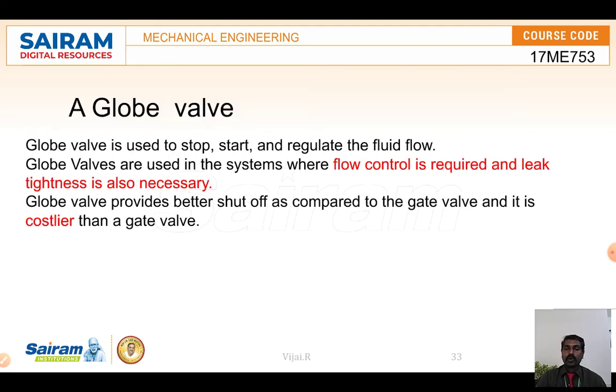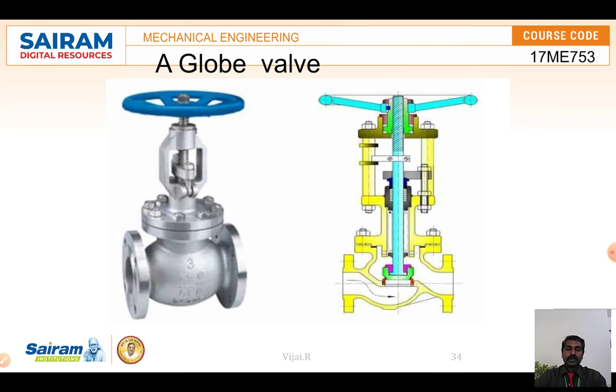There is a globe valve, which is also for flow control. When control of flow is needed, it will also control the leakages. Here the concept is the same, but the difference is in the design. We call it the globe valve.